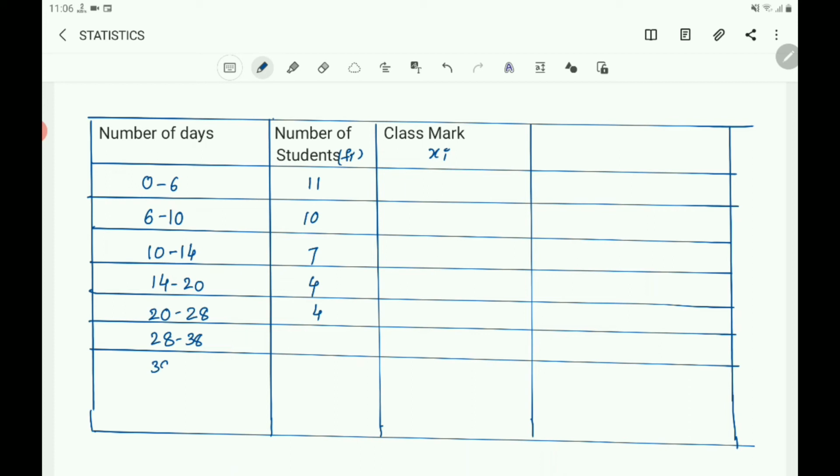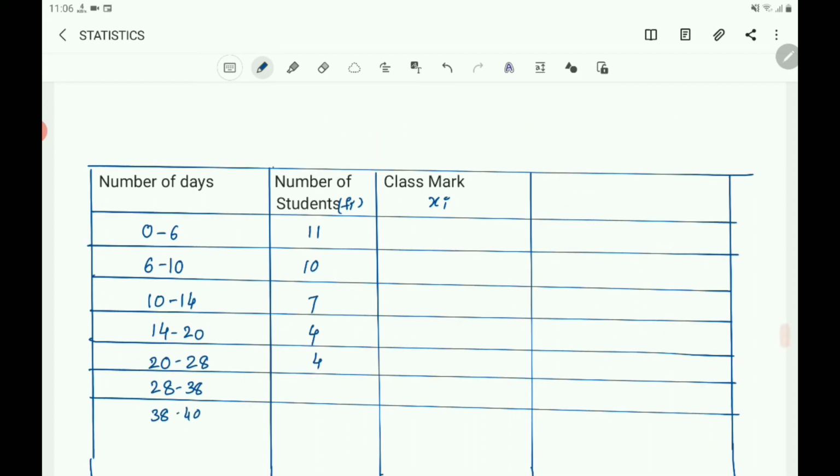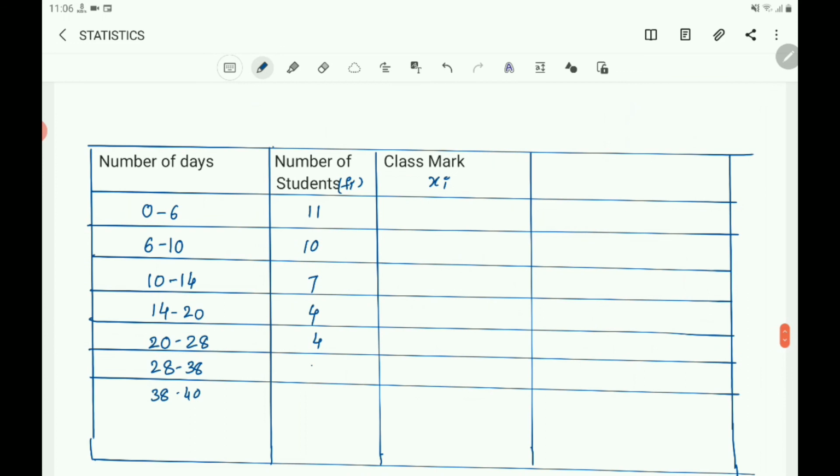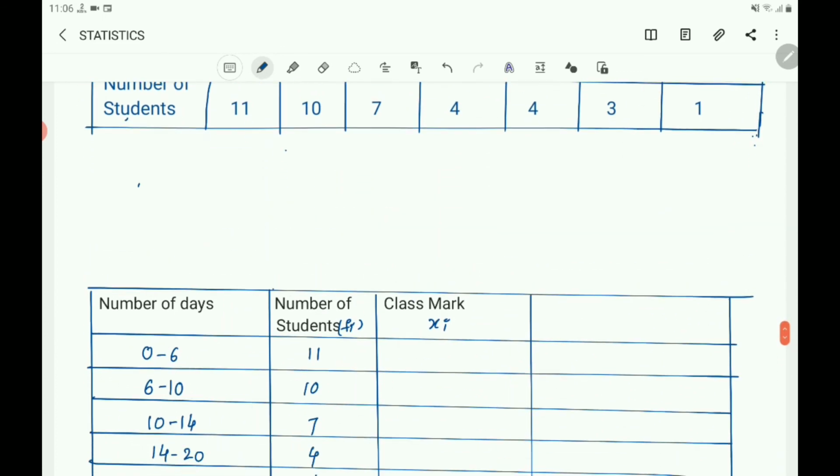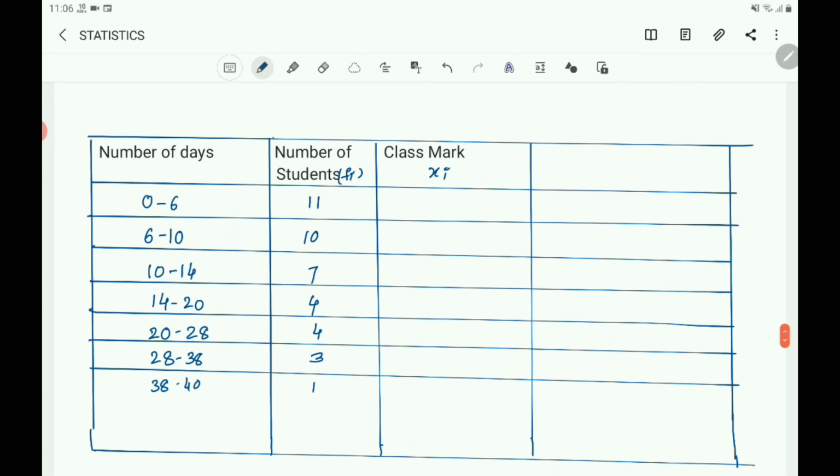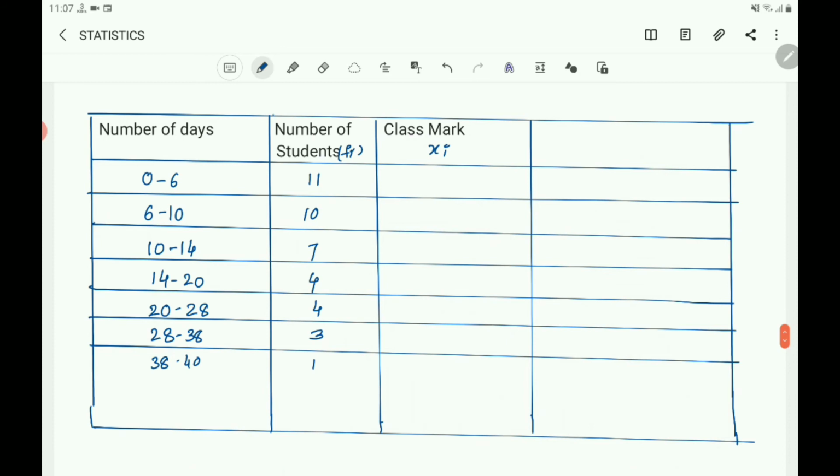Then 38 to 40, only 1 student. Next you find the class mark, that is upper limit plus lower limit divided by 2.